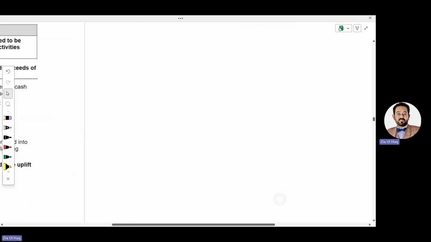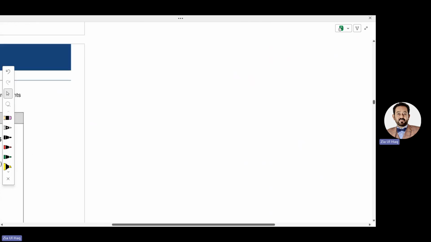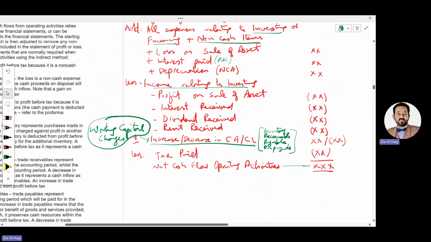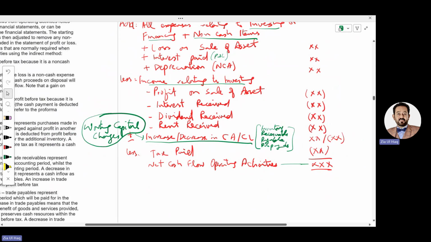Before this, we can calculate cash generated from operations, and from that we will deduct the tax paid.